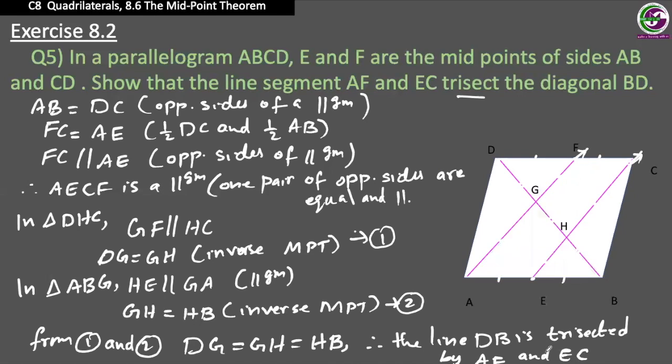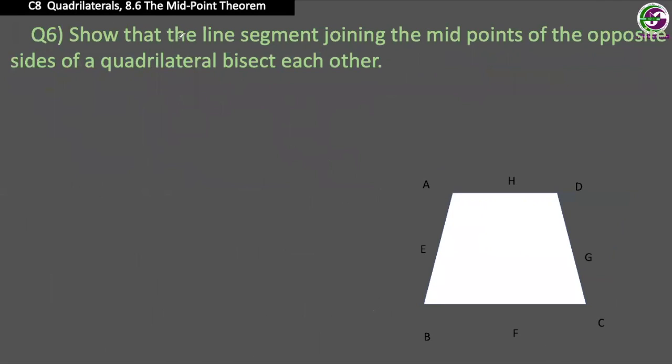All right, moving on to the next question. Show that the line segments joining the midpoints of the opposite sides of a quadrilateral bisect each other. So first of all, we just know that this is a quadrilateral ABCD, and we have the midpoints E, F, G, H. So these sides are equal, but each part is different from the other.